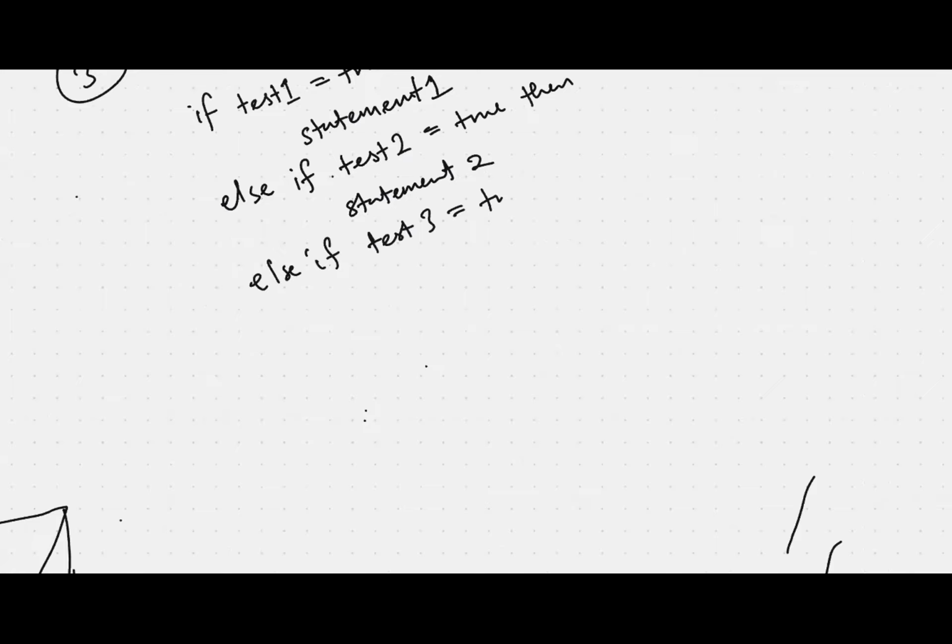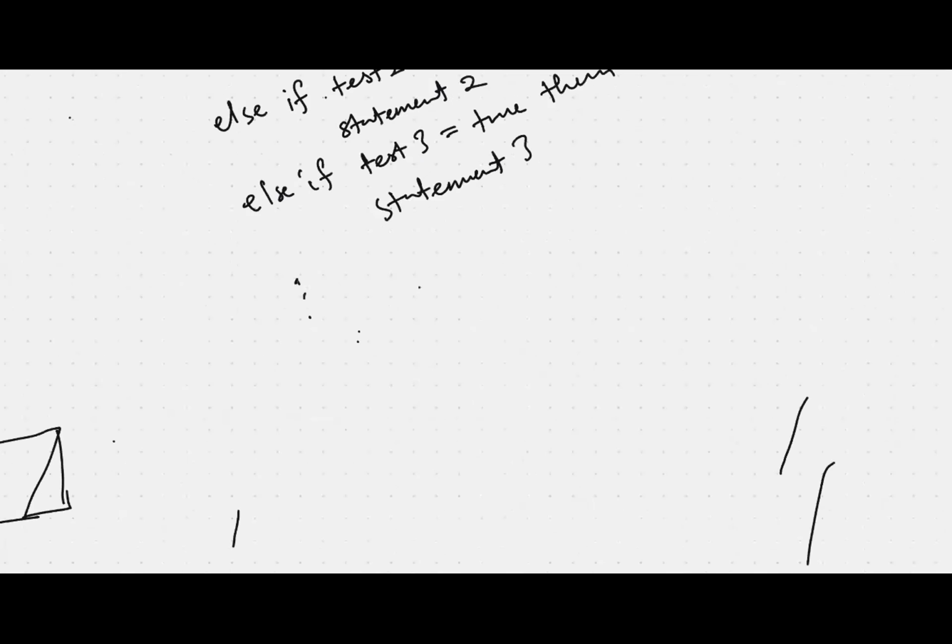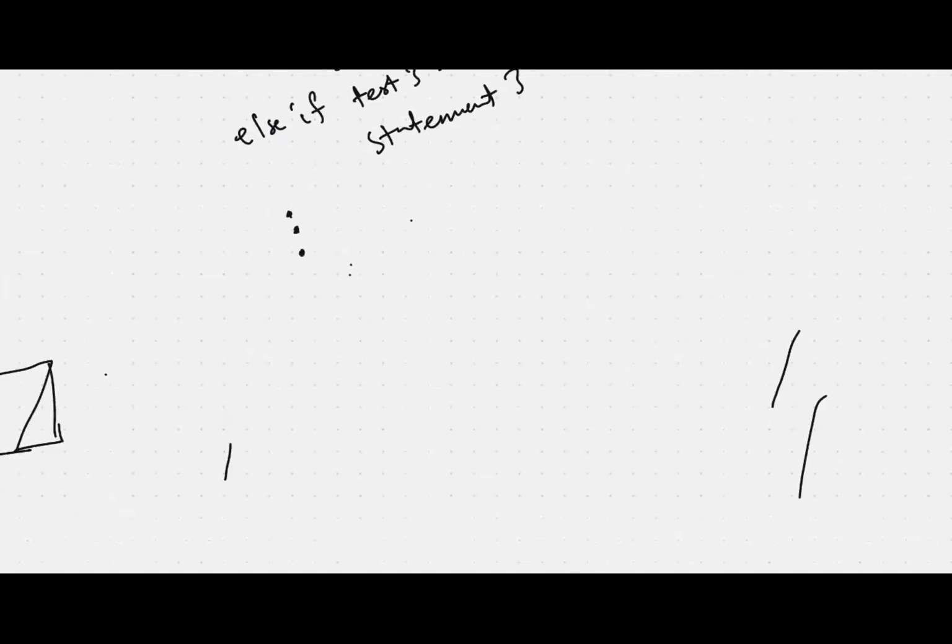Then we do statement 3. Then we can continue as long as we want, as many of them as we want. Then finally, or optionally, we can add maybe statement n.